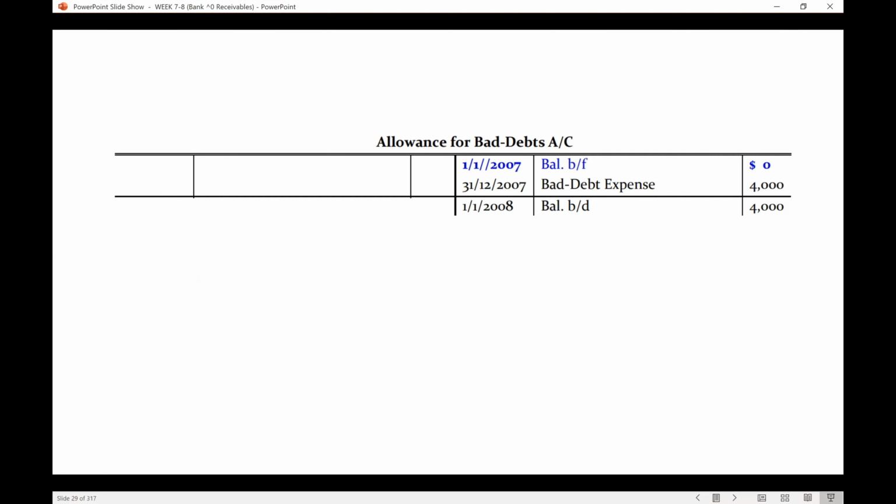That's what we did here, but we didn't show all the steps. Just by looking at this, you can know the balance is going to be on the credit side because the credit side has the larger amount, because nothing was on the debit side. So the running balance here is a credit balance of 4,000.